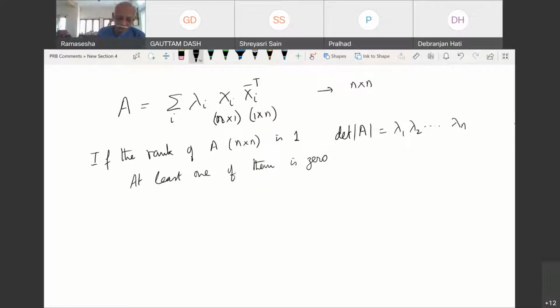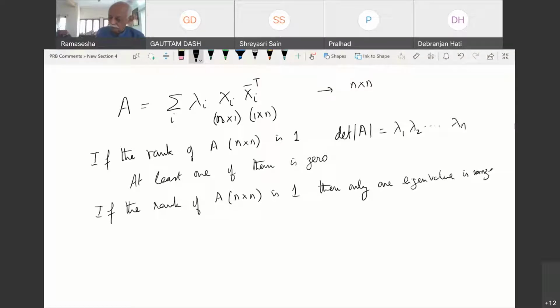So if the rank of A, which is n by n, is 1, then only one eigenvalue is non-zero. Sir, how do you say this? How I say that is because I can keep deflating the matrices. Look at this matrix B equal to A minus lambda 1 x1 bar x1 bar transpose.